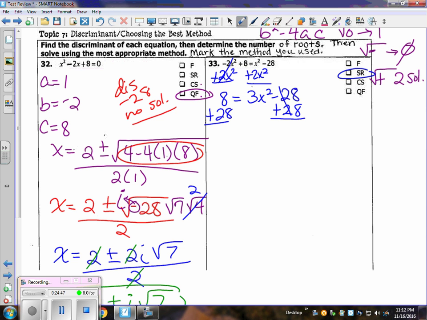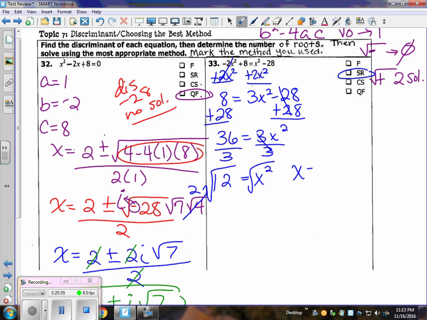So 28 plus our 8, 36, equals 3x squared. Divide by 3, and x squared is equal to 12. Now I square root.